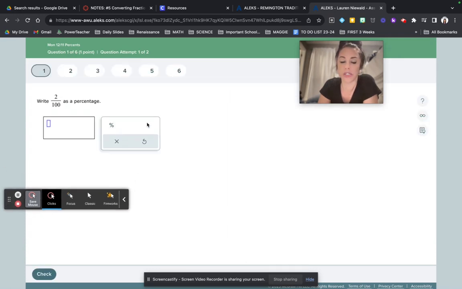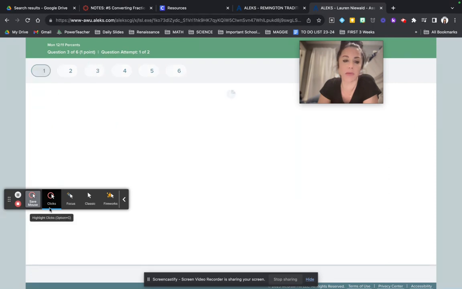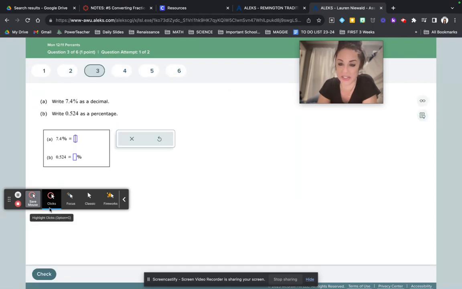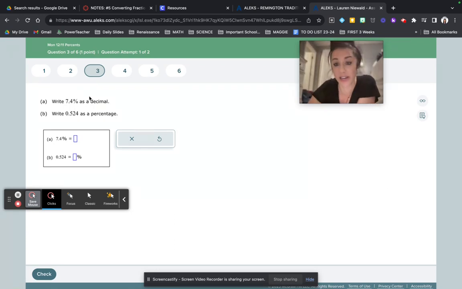Okay, so in order to give us more practice, I went ahead and created another assignment just so we could look at a few more of these. If you are looking at this specific example, it's 7 and 4/10%, and we want to write it as a decimal. So if you're going from a percent to a decimal, what do you want to be doing? Percents always mean out of 100, correct?